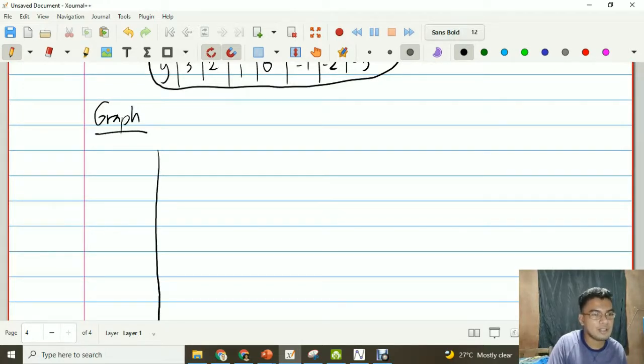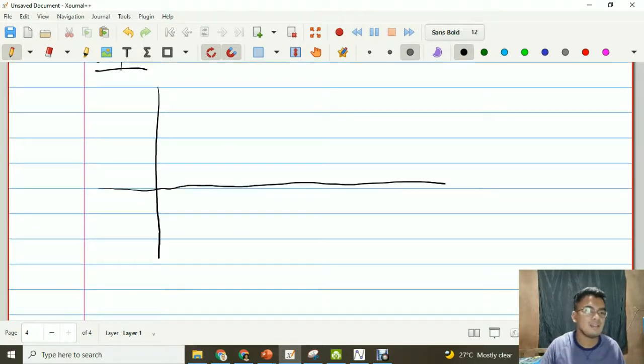So gagawa na tayo ng ating Cartesian plane. So for our y values, syempre hanggang kay 2 lang yung i-consider natin, then kay x hanggang kay 9. 1, 2, 3, 4, 5, 6, 7, 8, and 9.